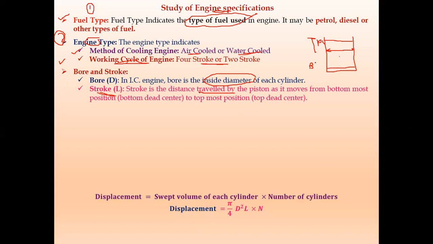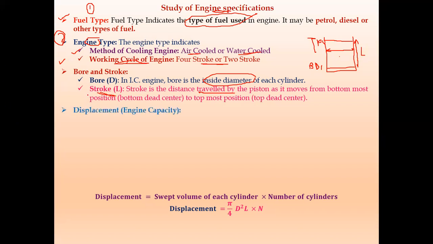The distance traveled by the piston when it moves from bottom dead center to top dead center is denoted as the stroke length. So we have bore and stroke length.